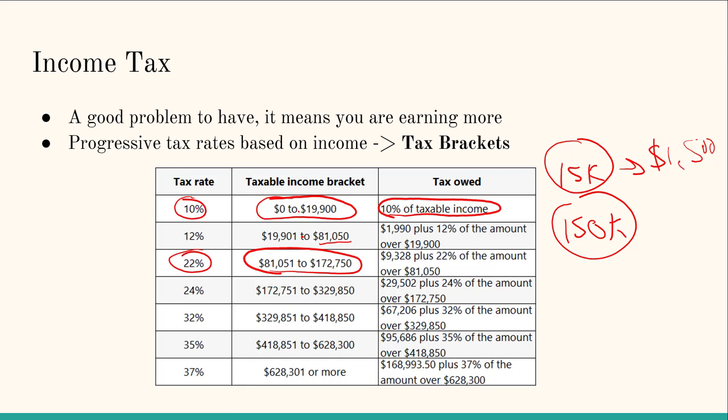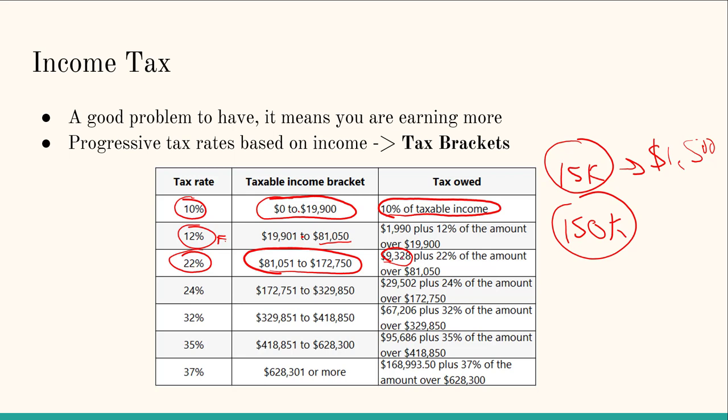So for the first 19,900, we're gonna pay 10% on that. And then for the next amount from 19,901 to 81,050, we're paying 12%. And so that's basically how we got this number. This is the amount of tax from these previous two buckets. And so now we're in the 22% tax bracket.